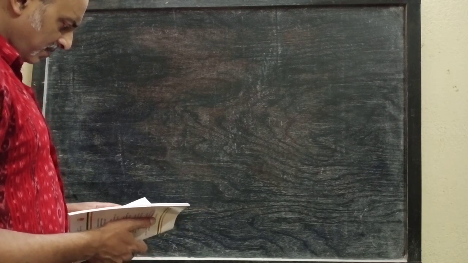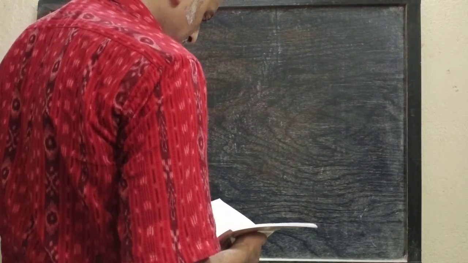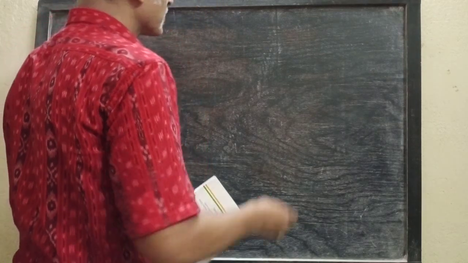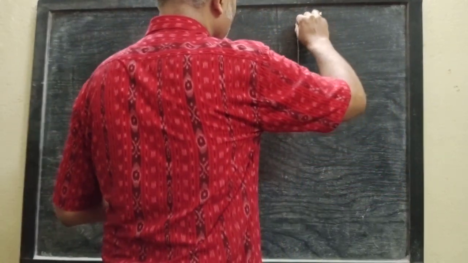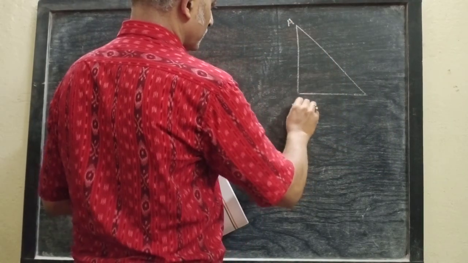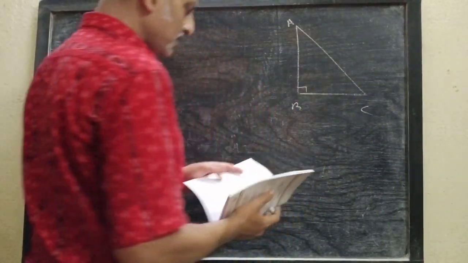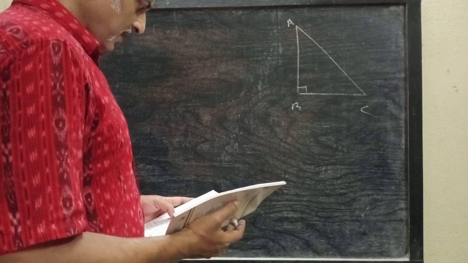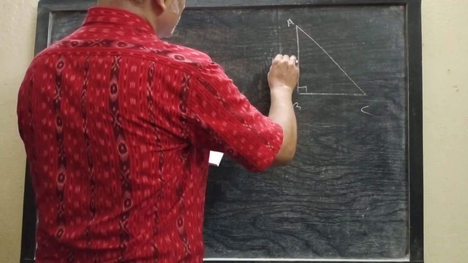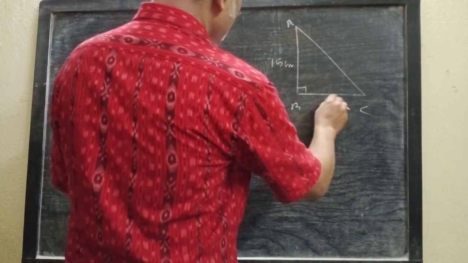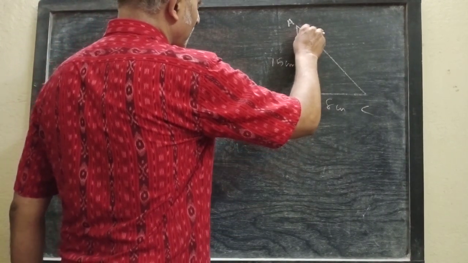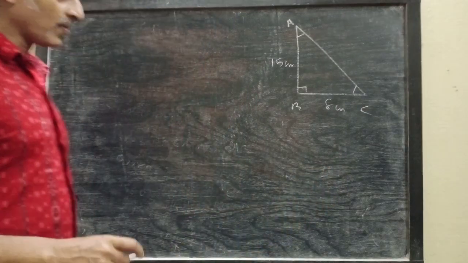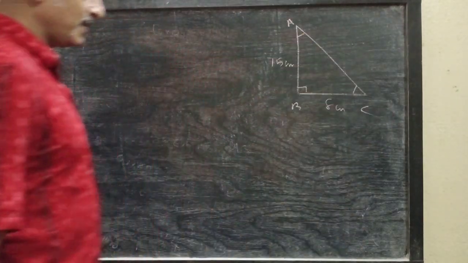Our next question is, ABC is a right triangle, right angle at B, such that AB is 15 centimeter, BC is 8 centimeter, find all ratios of the angles A and C. This is triangle ABC, right angle at B. You are asked to find all the trigonometric ratios of angle A and angle C separately. So first we have to find the length of the side AC.